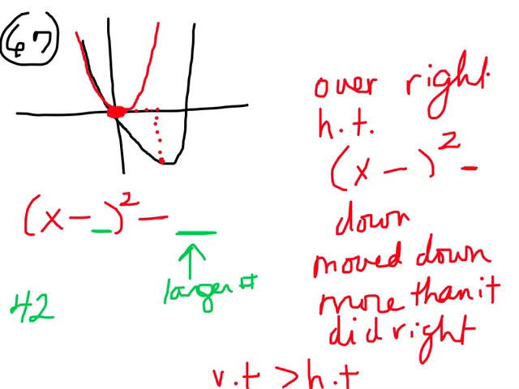So that's going to throw out E and F, because they both have a subtraction sign in front of the x's. The larger number is going to be on the end, so since there's 4s and 2s, I think there's going to be a 4 here and a 2 here. And if you look, this matches up with C. And so the answer there is C, because it went to the right, so there should be this subtraction sign here with this positive 2, and then down 4. C is your answer there.